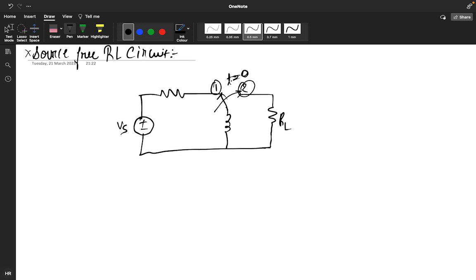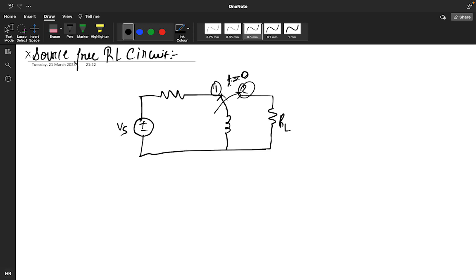So what is the meaning of this? At t equals 0 minus, if anyone asks you to draw the circuit, assume this is R S. What will be the circuit at t equals 0 minus?